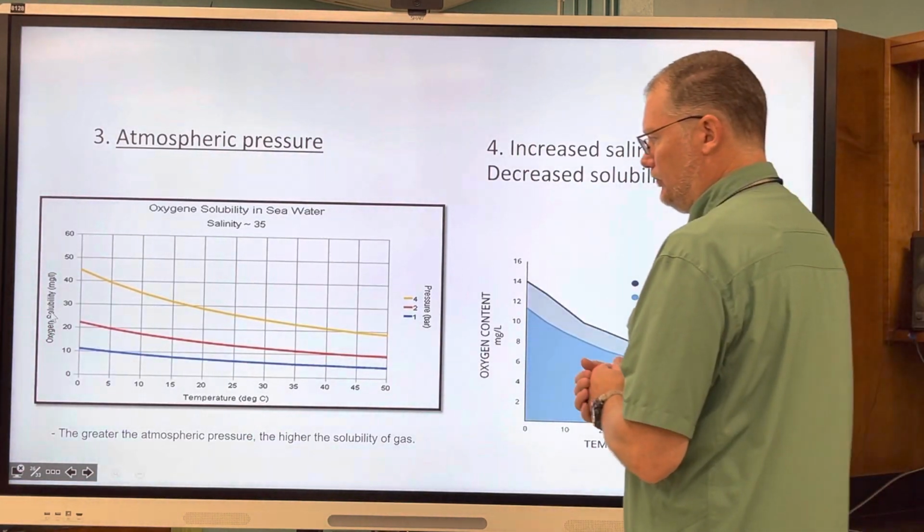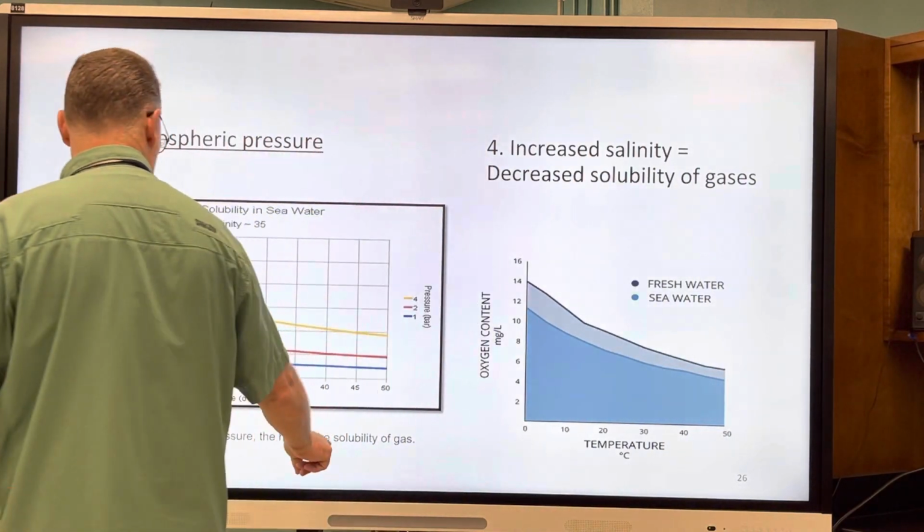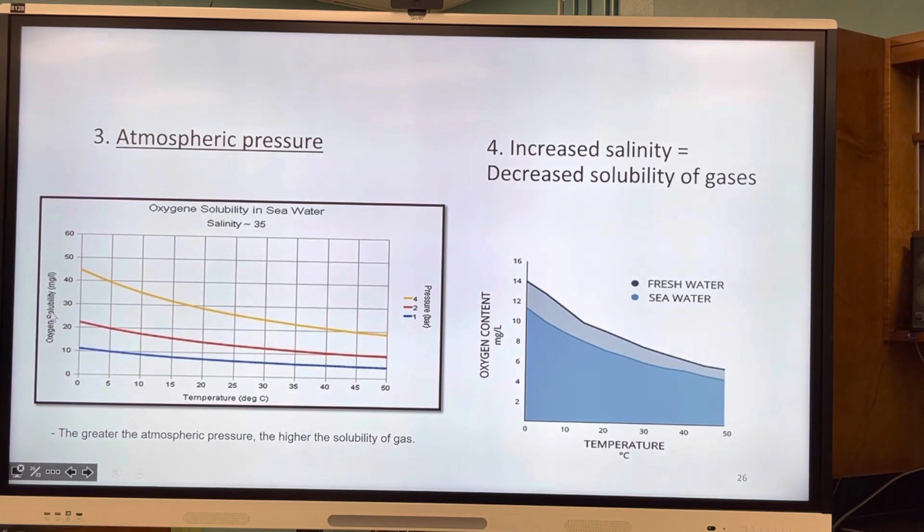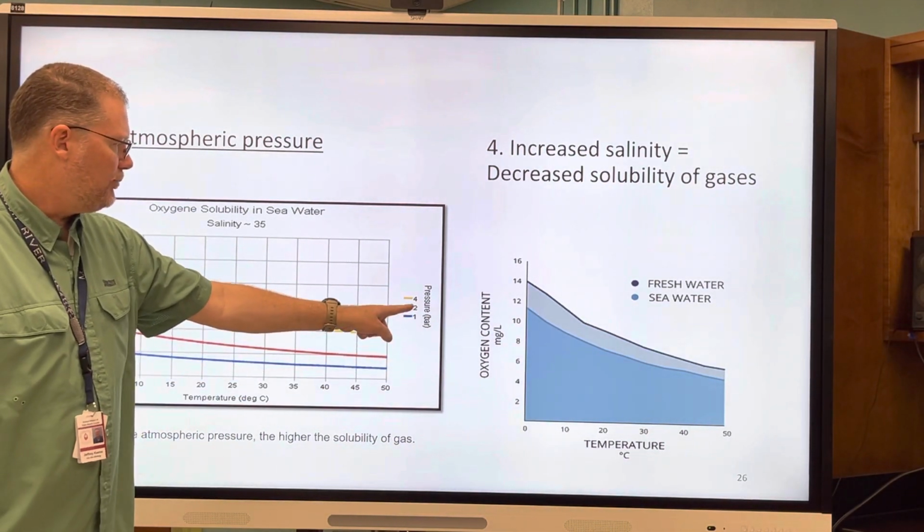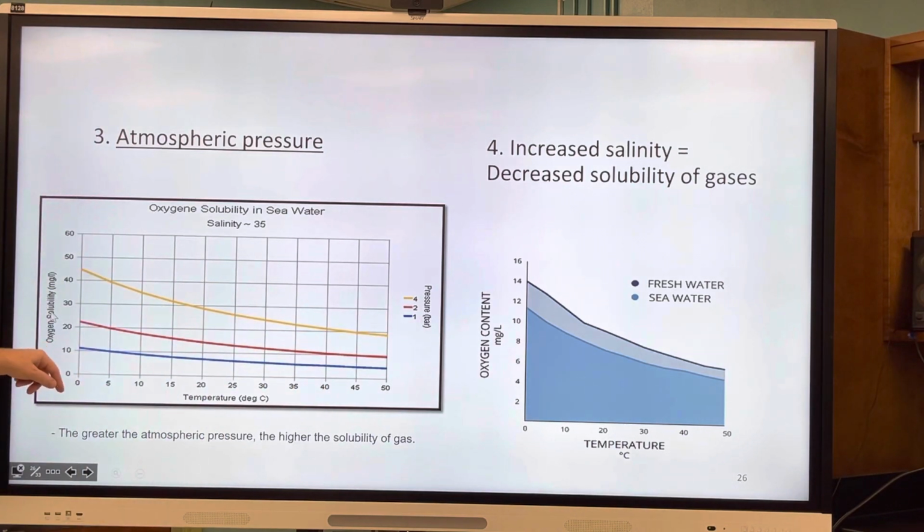Atmospheric pressure. The greater the atmospheric pressure, the higher the solubility of gas. So, over here, pressure in bars and oxygen solubility going up, all right?